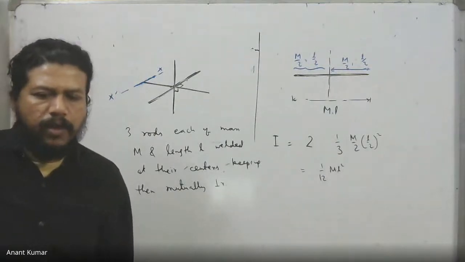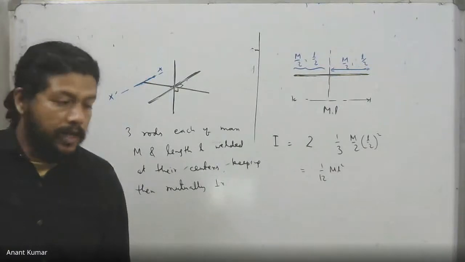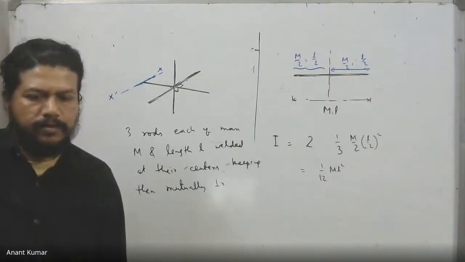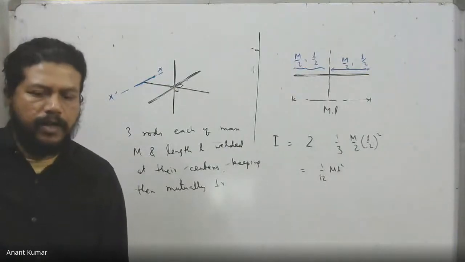Yes, 11 by 12 ml square is correct actually. It will be in fact 11 times ml square by 12. That is correct. 11 by 12 ml square is the required answer.